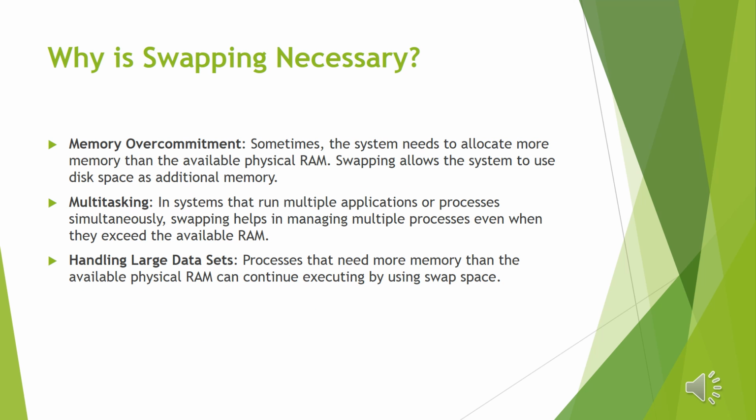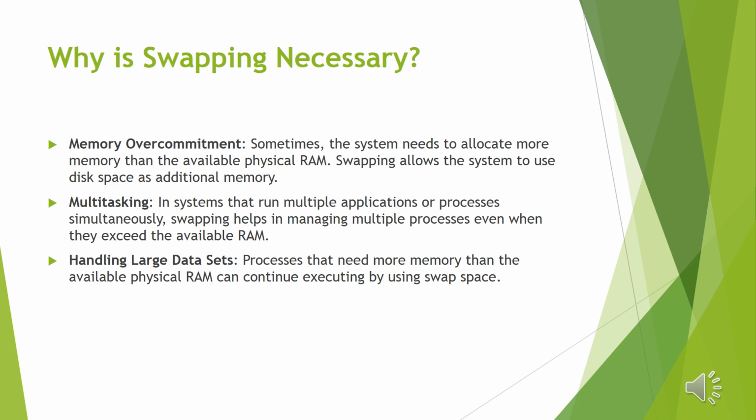Alright, now we are going to look at the needs for swapping. Number one, we have memory overcommitment. Sometimes the system needs to allocate more memory than the available physical memory, which is the RAM. So swapping allows the system to use the disk space as additional memory.